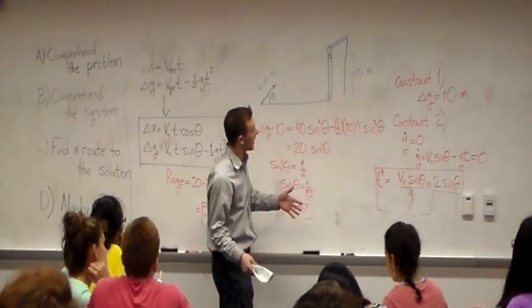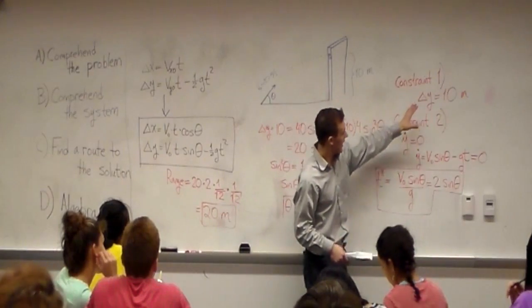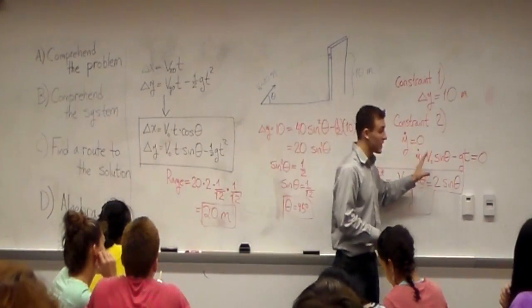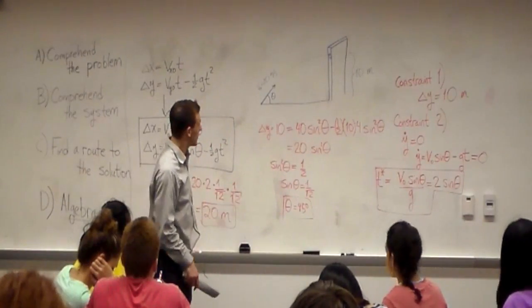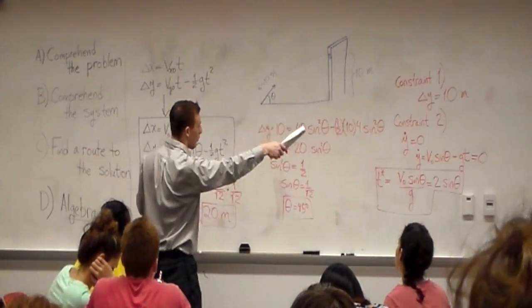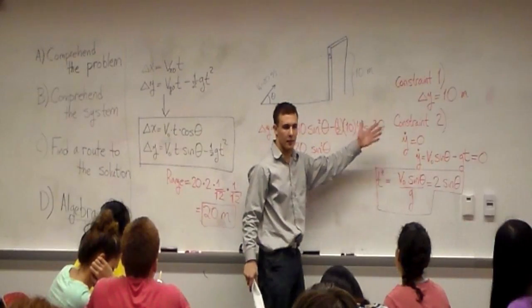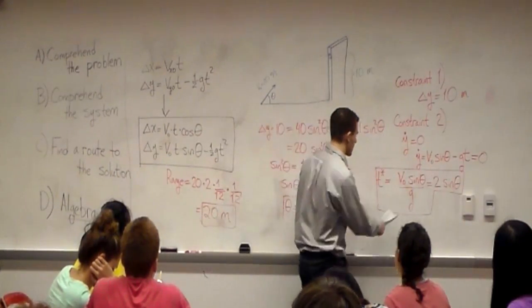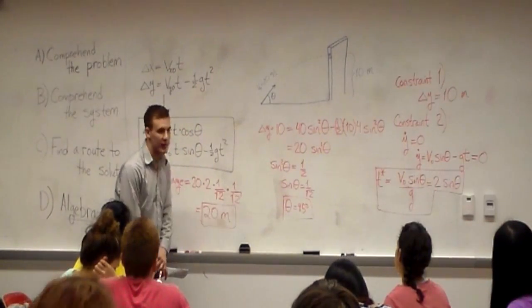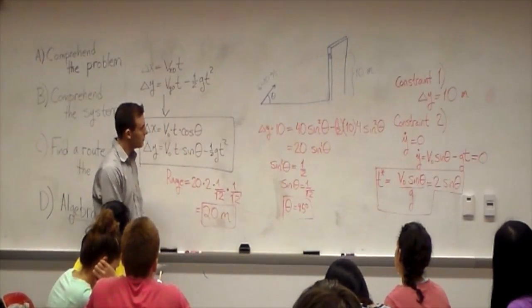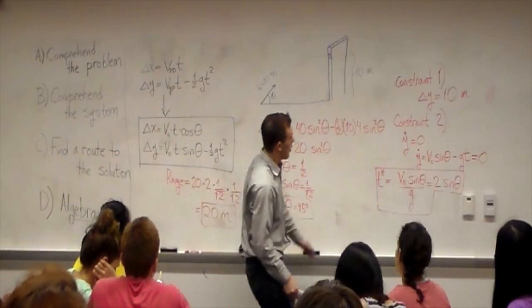The insight that delta y had to equal 10 and that y dot had to equal 0 at the time of impact was crucial. Once we came across those, all we did was solve for stuff. We're just solving algebraic equations, plugging them into other equations, and finding the variables that we were looking for. So the physics was here.